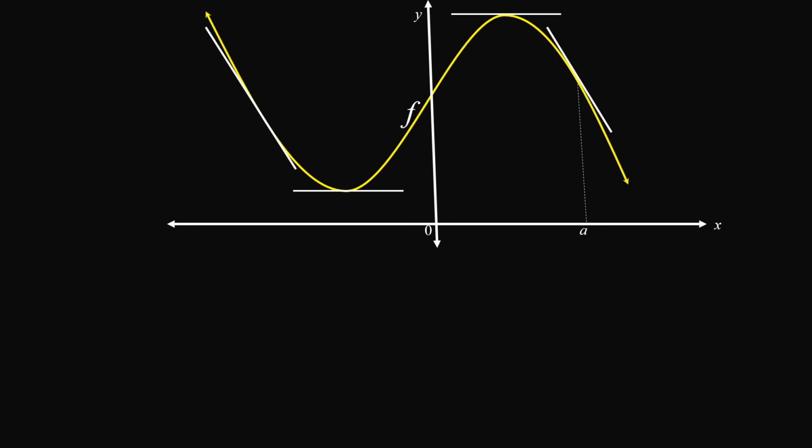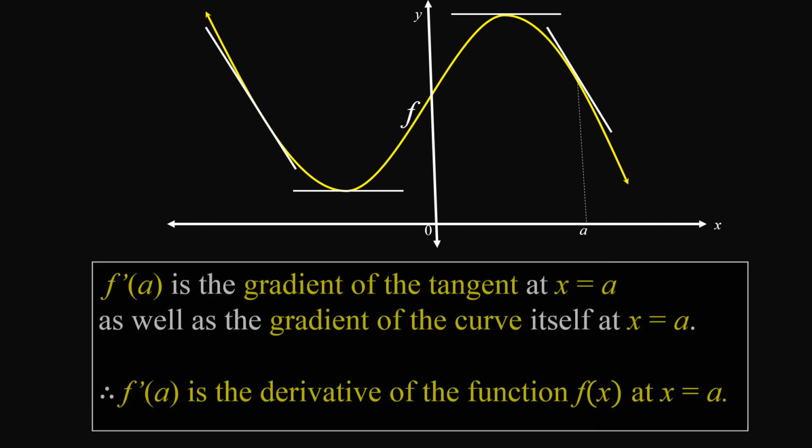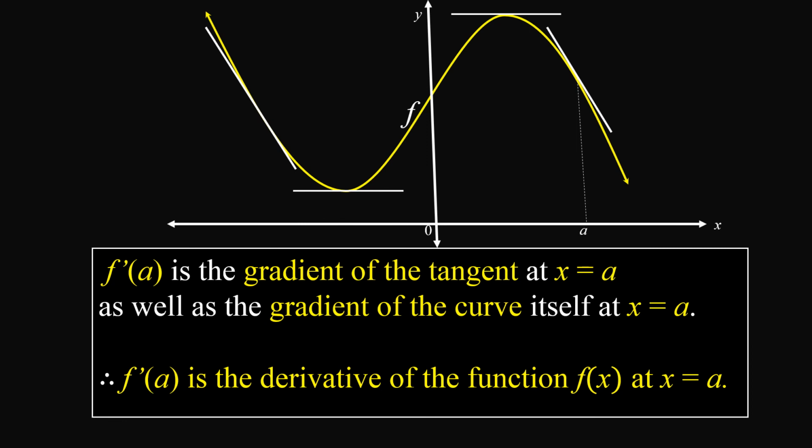Now, finally, we look at this cubic graph. We can see so many tangents everywhere on the graph. f dash a is the gradient of the tangent at x equal to a, as well as the gradient of the curve itself at x equal to a.